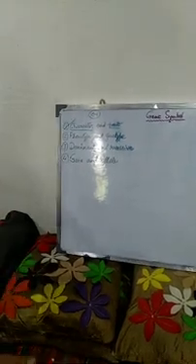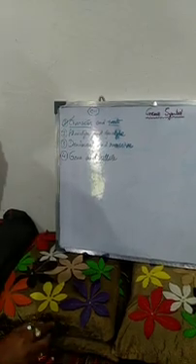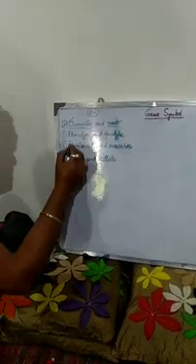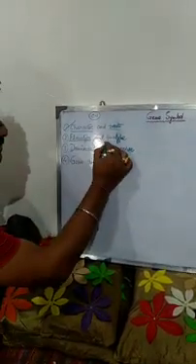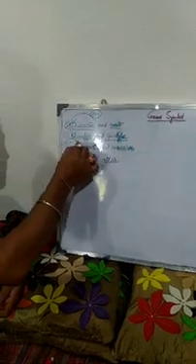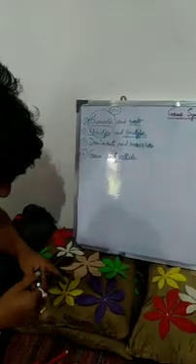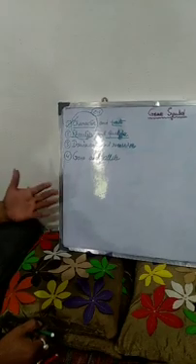Now, what Mendel hypothesized at the time of proposing the laws, there are two more terms: one is phenotype and the second one is genotype. The phenotype is the physical appearance of the character, how the character is appearing. So a tall man has a phenotype of tallness. A tall plant has a phenotype of tallness.